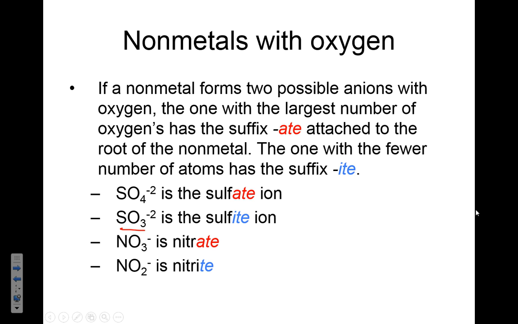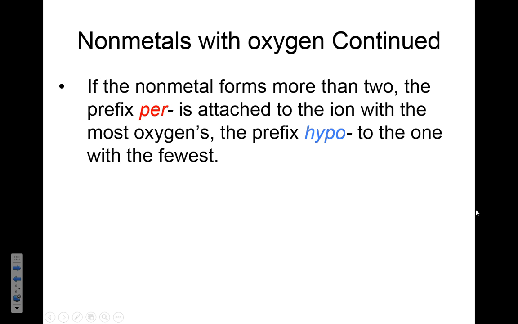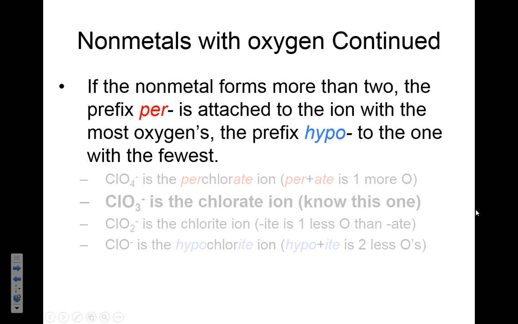So those would be what we call families. Now, some families only have 2 ions in them, so they just have an ate and ite, and the ate has 1 more oxygen. But there are some elements that make a family of 4 with oxygens in it. Well, we need a way to differentiate between how many oxygens we've got. Well, we use per and hypo along with what we did before.